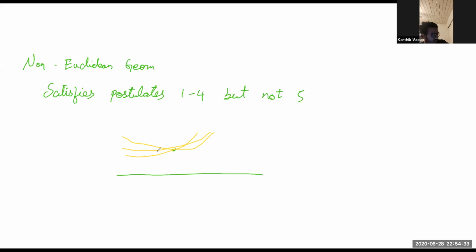But their point, what Gauss and Lobachevsky tried to say, was that there is a consistent system where 1 to 4 is satisfied, the fifth is not satisfied, but they together are fine.